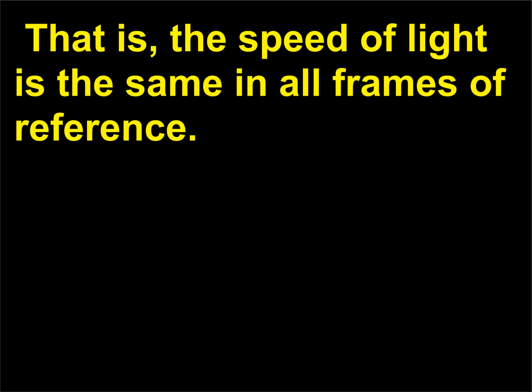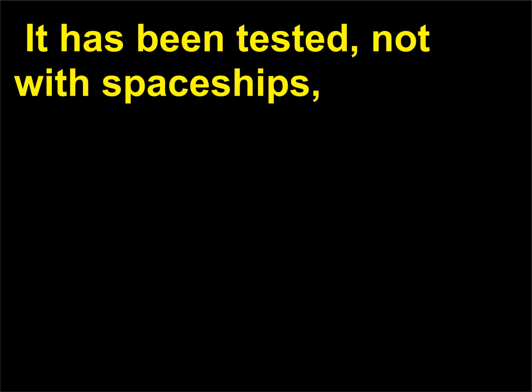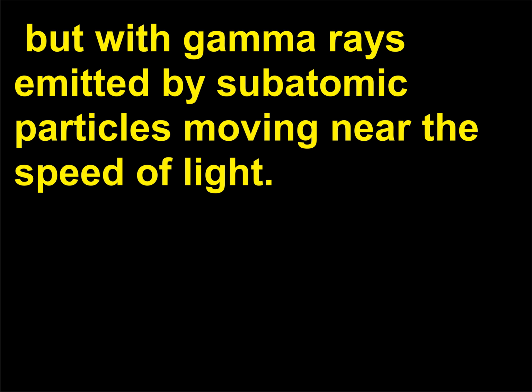That is, the speed of light is the same in all frames of reference. This is another of the results of Einstein's special theory of relativity. It has been tested, not with spaceships, but with gamma rays emitted by subatomic particles moving near the speed of light.